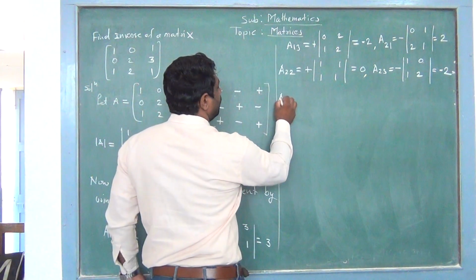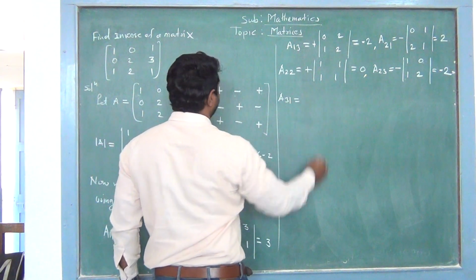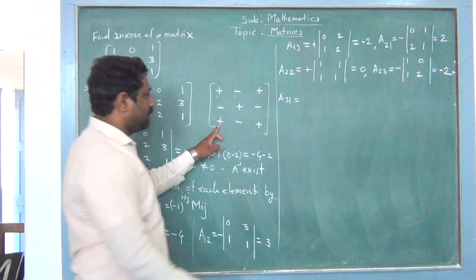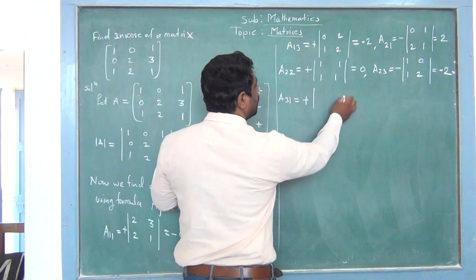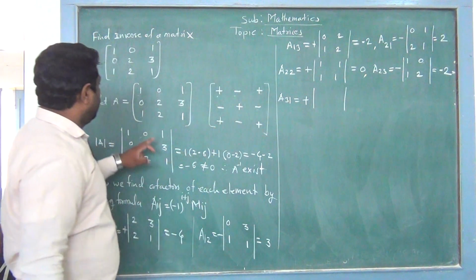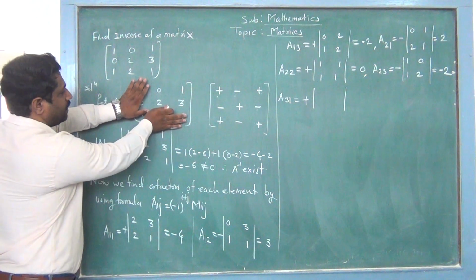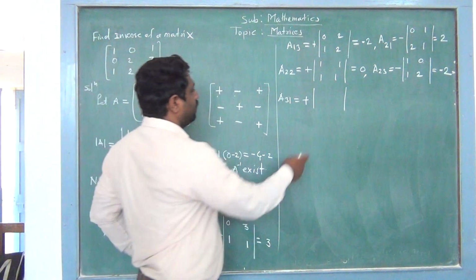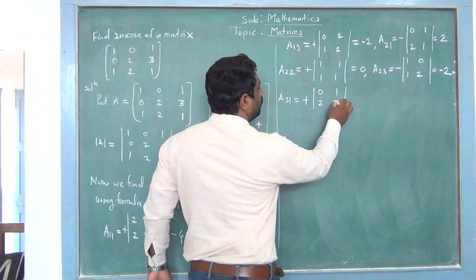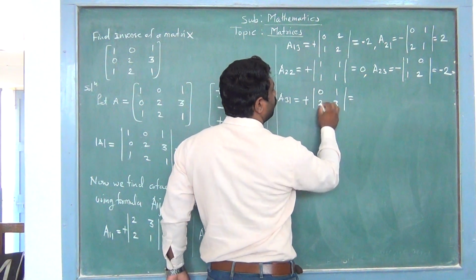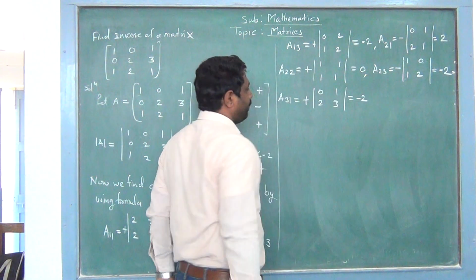Now A31 has sign plus, so plus times the minor of A31, [0 1; 2 3], so 0 minus 2, minus 2.